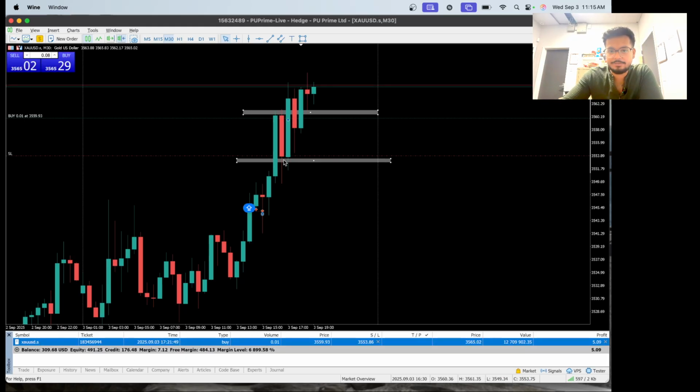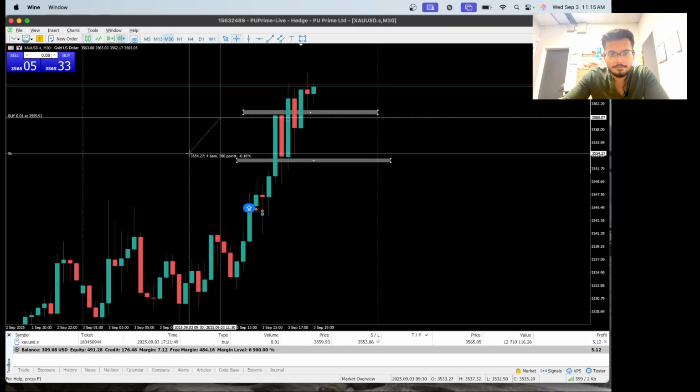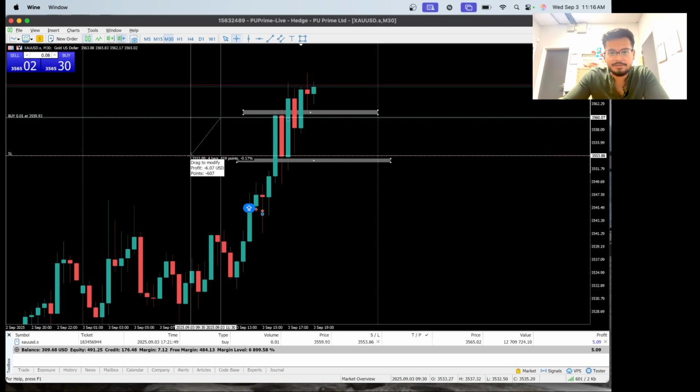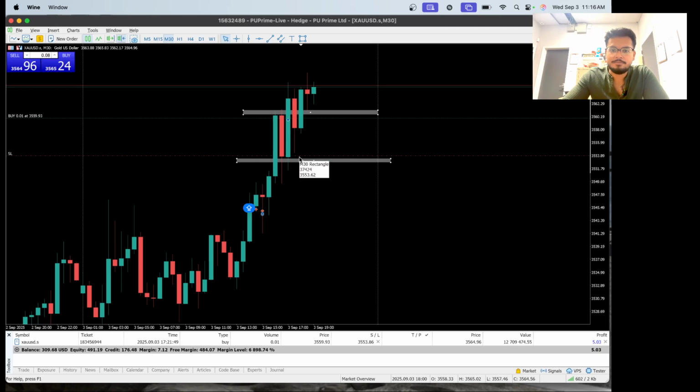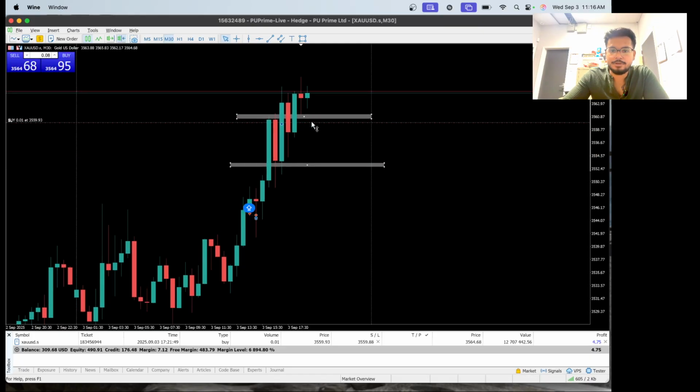I enter here, my stop loss is what? Let's see. 50-60 pips, but it's only 0.1 lot, right? If I want, I can just break even now or bring it to the previous support that has formed.